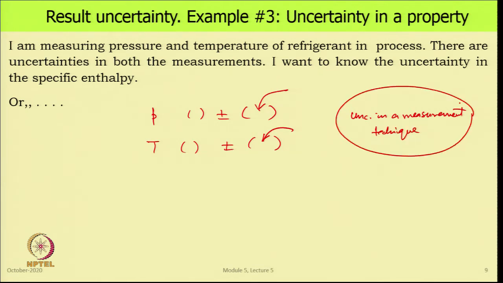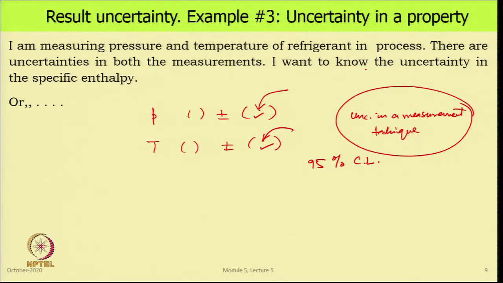We went through this entire exercise of calculating the uncertainty in pressure and in temperature, and now we have those values with us. If nothing else is mentioned, we assume this is all being reported at 95% confidence level.